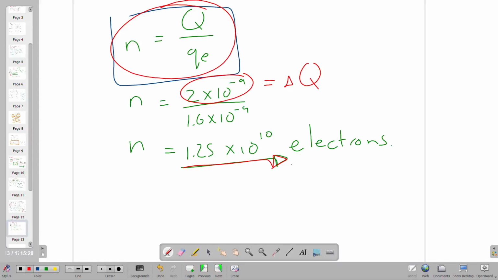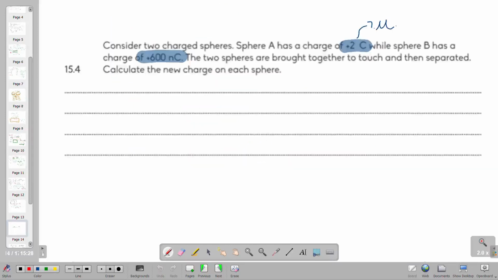Simple enough. Alright, so let's take a look at this example from the worksheet that some of you already completed, maybe some of you didn't. Consider two charged spheres. Sphere A has a charge of plus 2 coulomb. Now, to make it more applicable, I made this microcoulomb since the nanocoulomb would be too small to have an impact.